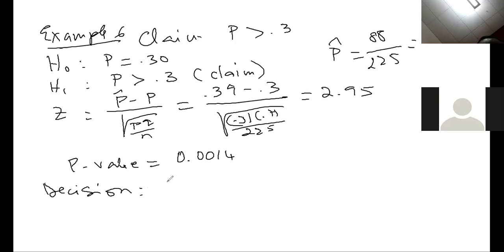Decision: p is less than alpha, so reject H0.